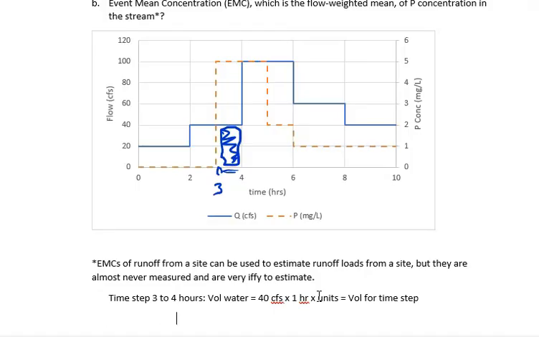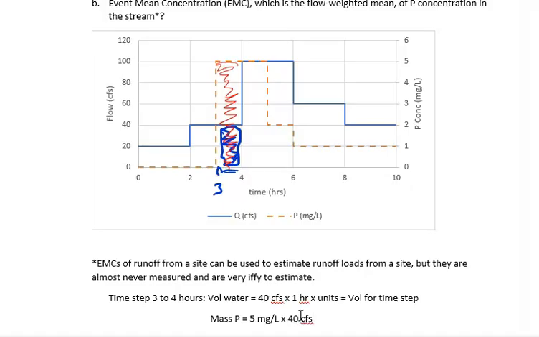Then the mass of phosphorus is going to be the area under this curve. So the water was the area under the blue curve. Mass of phosphorus is going to be the area under there. So mass of phosphorus is equal to, what is it? Number looks like it's 5 milligrams per liter times, again, the flow is 40 CFS, unit conversion.